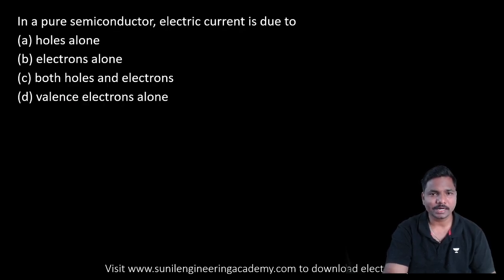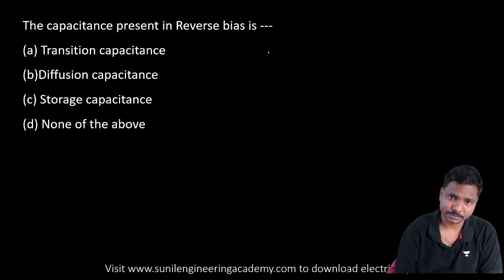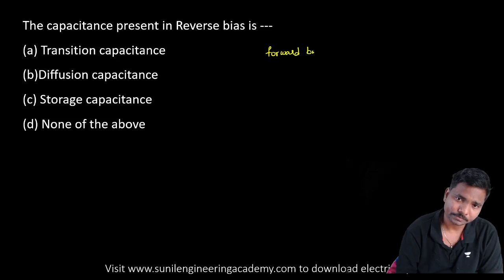In pure semiconductor, electric current is due to dash. In pure semiconductor, the number of electrons is equal to the number of holes. So it is due to both holes and also electrons. Next question: the capacitance present in forward bias and also reverse bias.